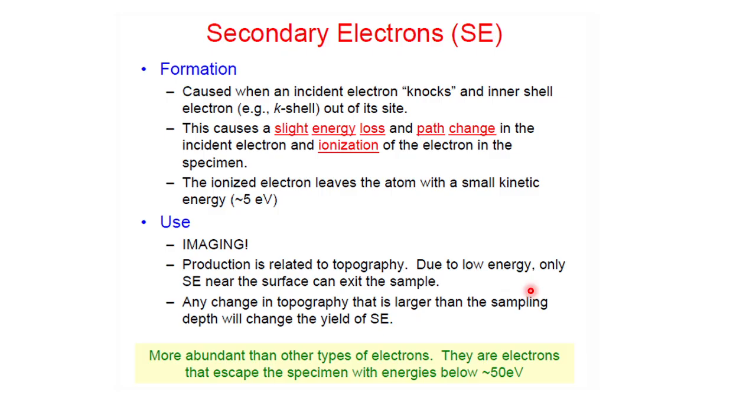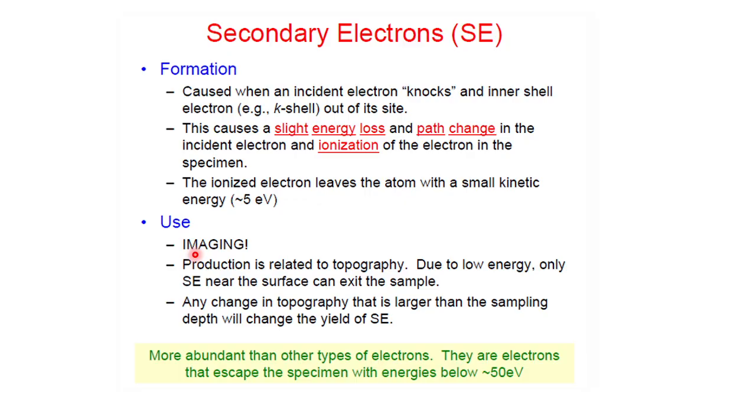So your element now has a positive charge. That ionized electron leaves the atom with a small kinetic energy, and with that energy it will release another electron. That is the secondary.